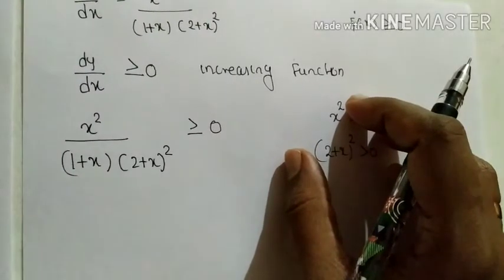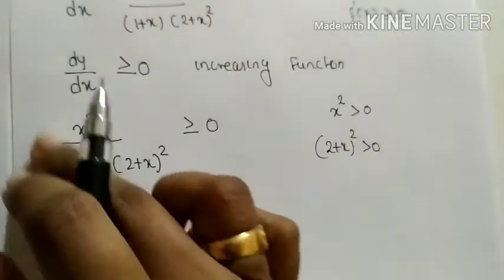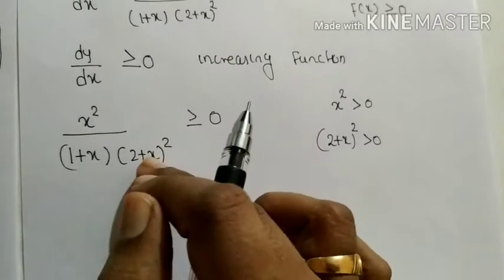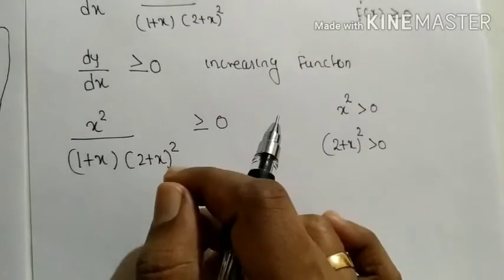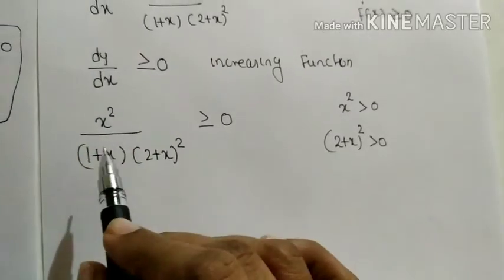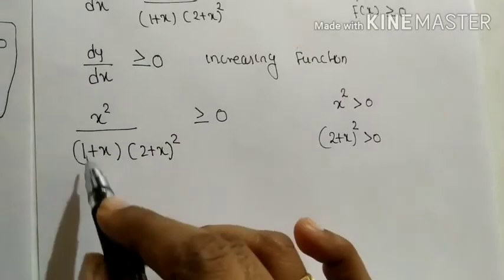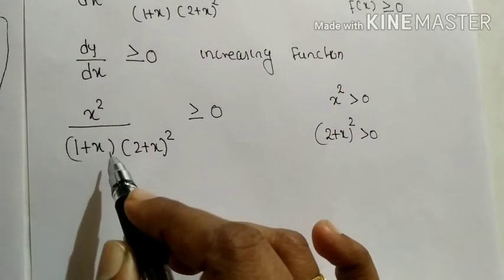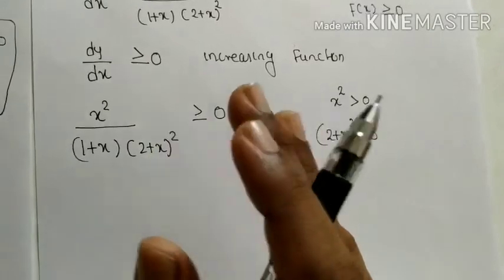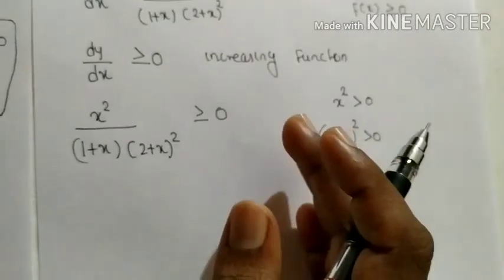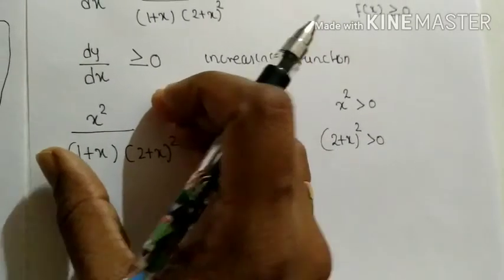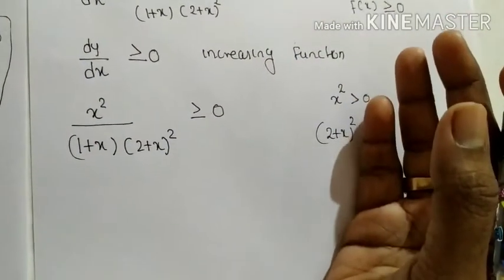But if you observe this derivative, these two things, x square and (2 plus x) the whole square, are positive. The only thing we need to check is whether 1 plus x is positive or not, for the whole derivative to become greater than or equal to 0.